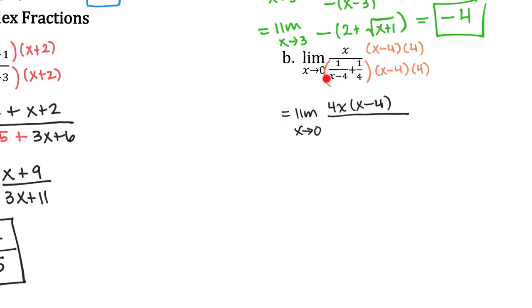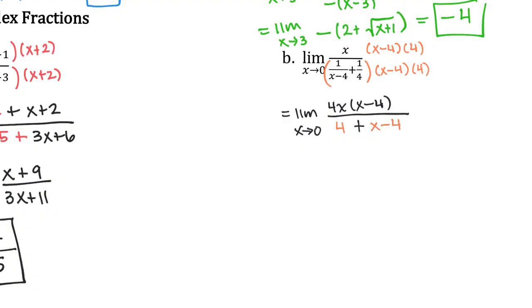Okay, let me look at this first term. If I multiply this first term by x minus 4 and 4, the x minus 4's are going to cancel, but I'm still going to be left with a 4, plus. Now if I do 1/4 times x minus 4 times 4, these 4's will cancel, but I'll still have the 1 times x minus 4, which is x minus 4.